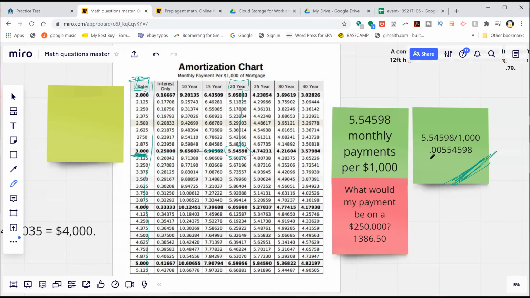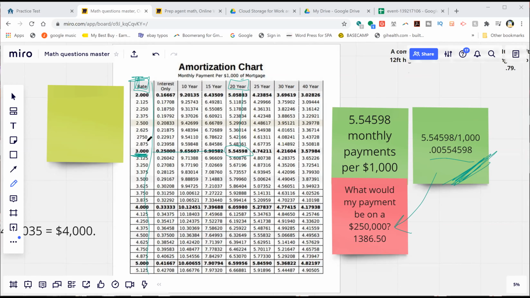Then I took that number, and remember I said of means multiply, and I told you there's a $250,000 purchase price. Then here's the answer right there. You multiply that number by 250,000 and you would get the monthly payments that they would get on that. Okay, so that's the answer right there as far as the steps we took to get there.